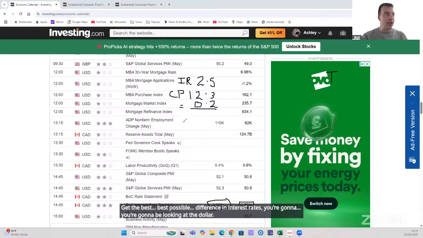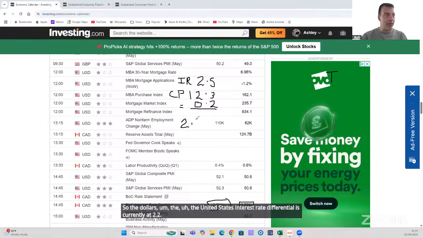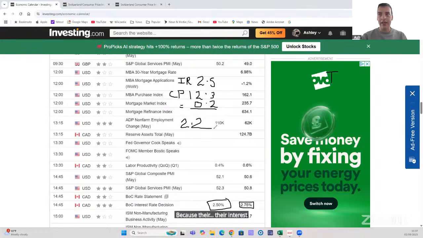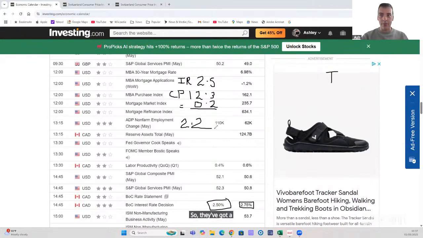The United States interest rate differential is currently at 2.2 because their interest rate is sitting at 4.5%, and their inflation number is at 2.3%. So they've got a 2.2% differential.